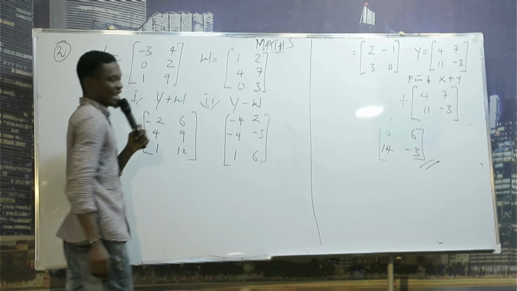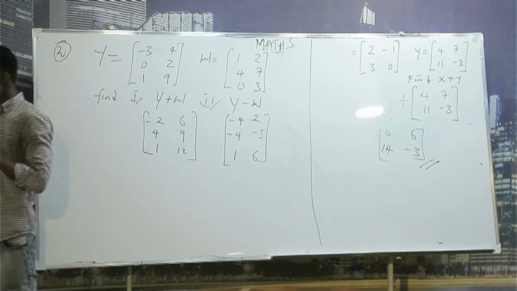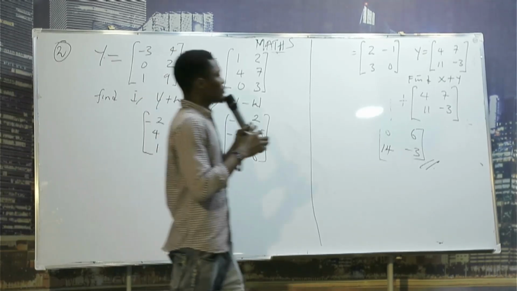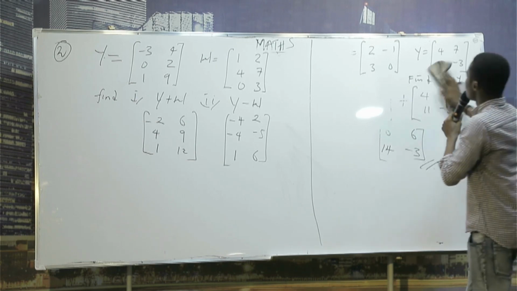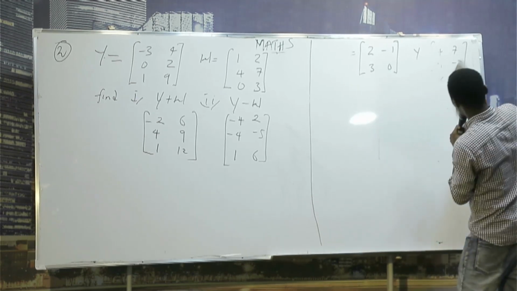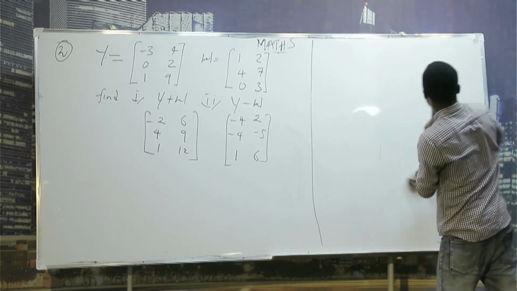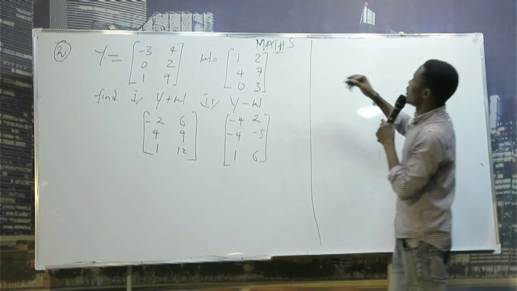Good, that's very beautiful. That is why most times they don't ask you addition and subtraction, because they know you will just do it correspondingly. But don't worry, let's move forward.